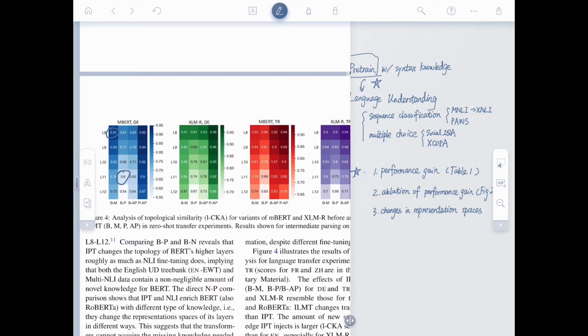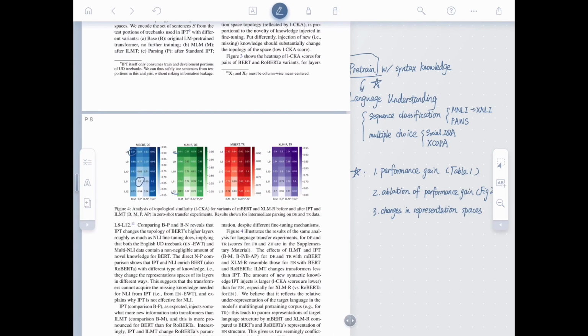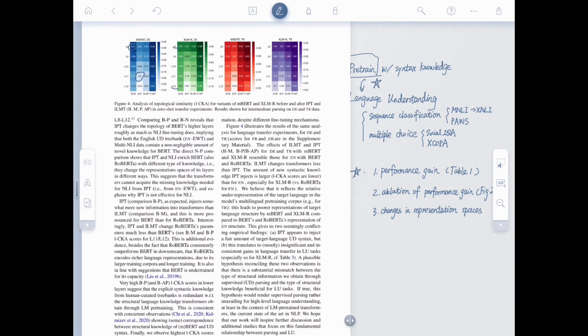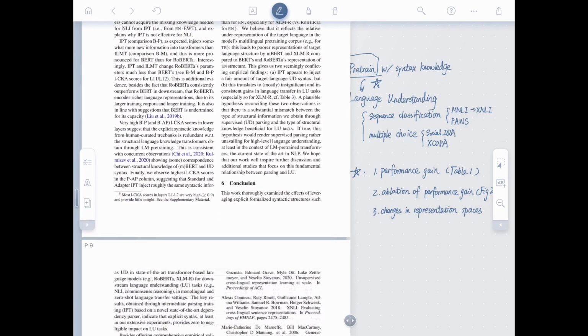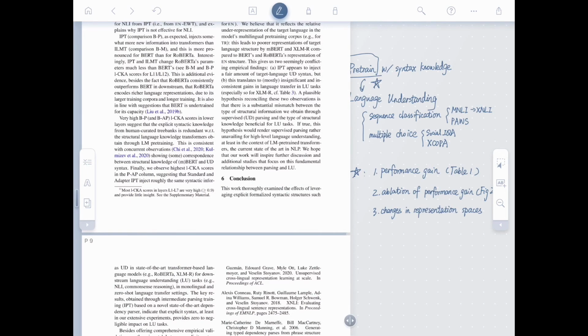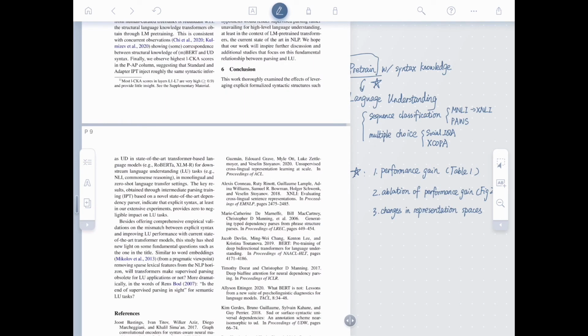You can see there are more changes in the upper layers than the lower layers. There are also some differences across language models in the representation analysis. So this is basically what I want to talk about in this paper.